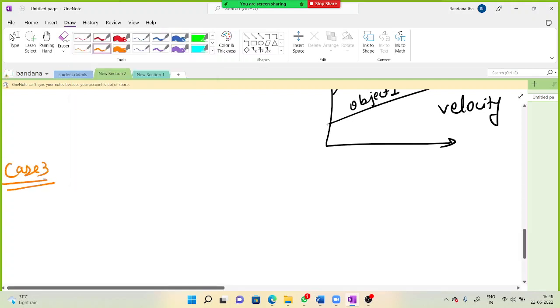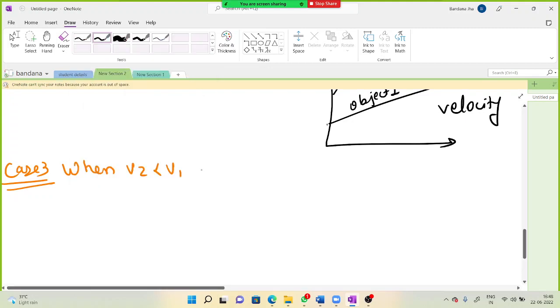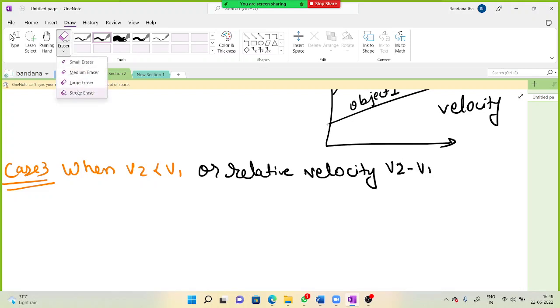Case number 3 is when V2 is less than V1. Correct? The relative velocity is V2 minus V1, or you can say V1 minus V2. Better you say V1 minus V2.